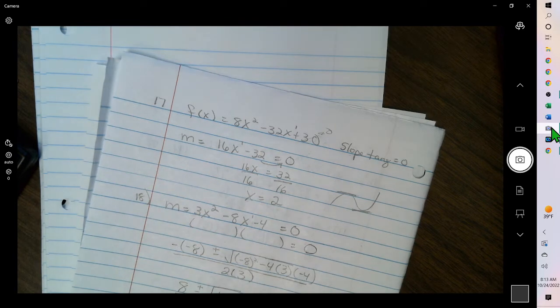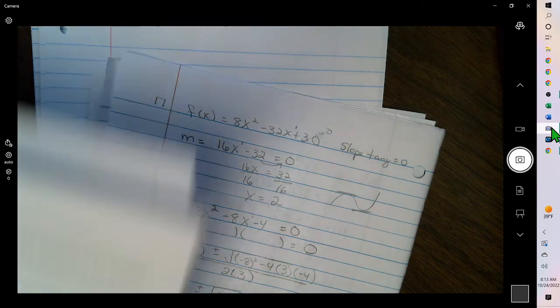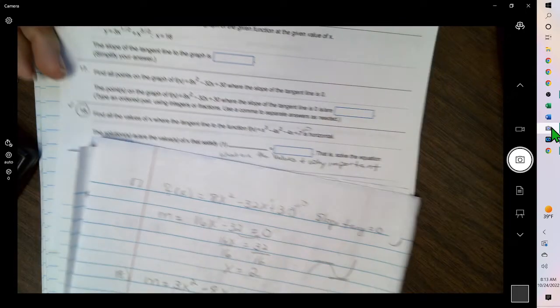I want to see if they want the decimal or the numbers. Okay. So we do need to simplify it.